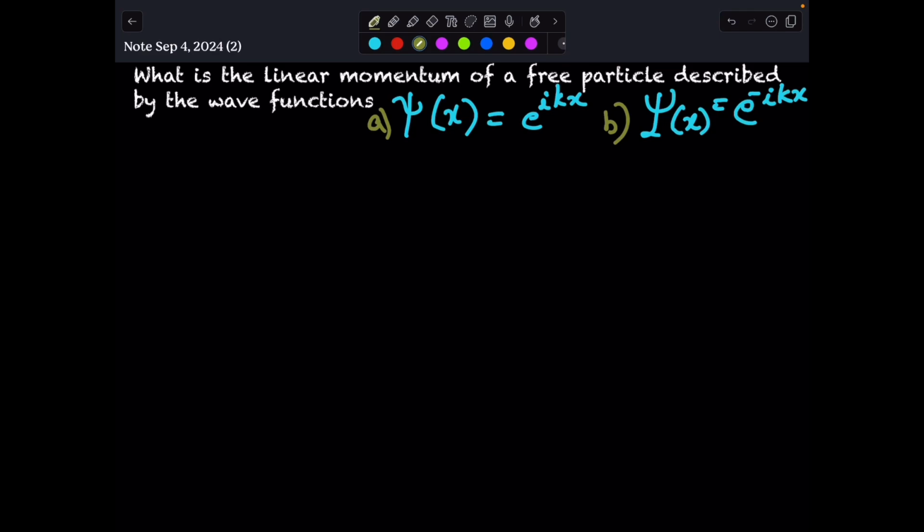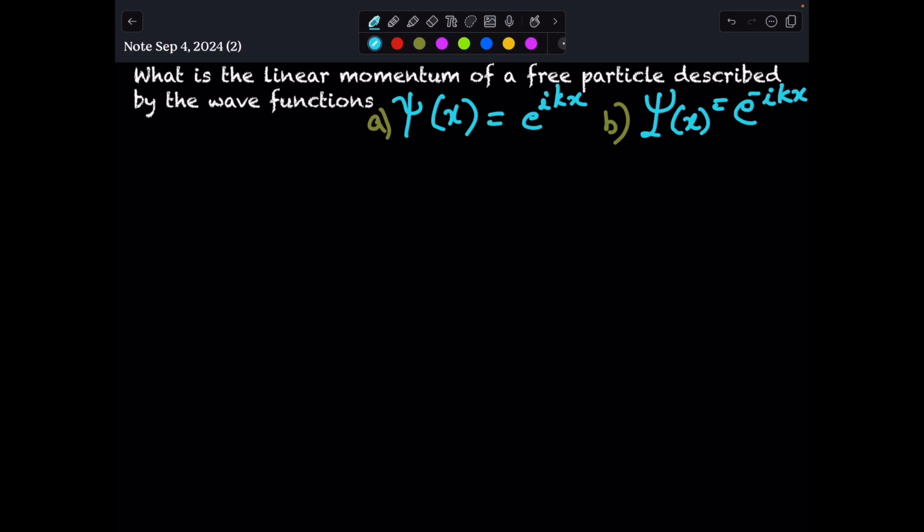What is the linear momentum of a free particle described by the wave functions psi of x equals e to the power ikx and psi of x equals e to the power minus ikx?